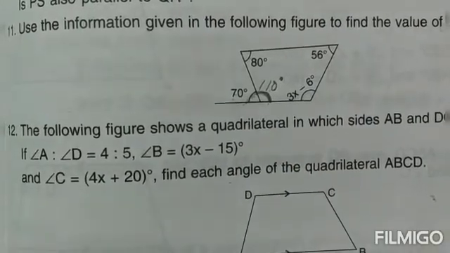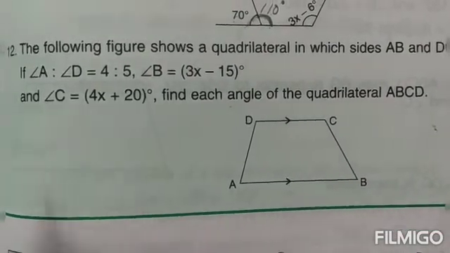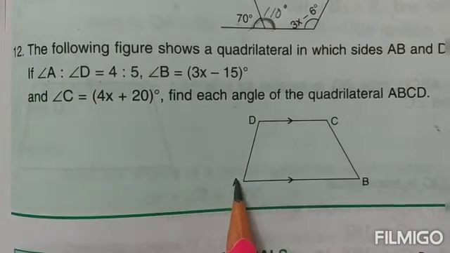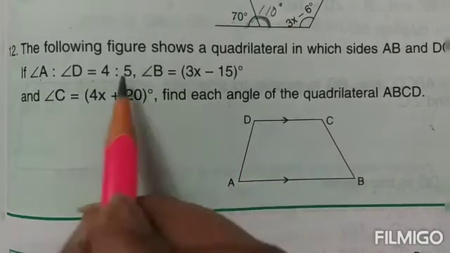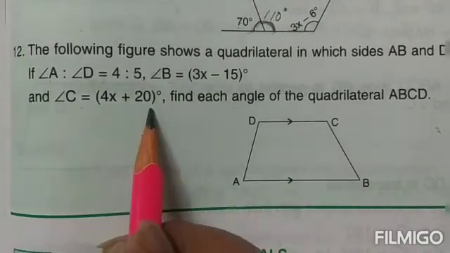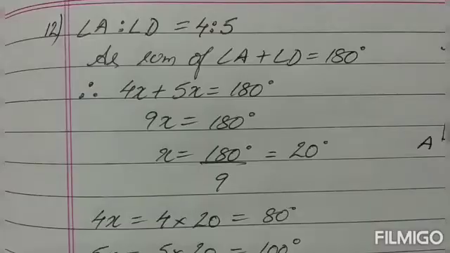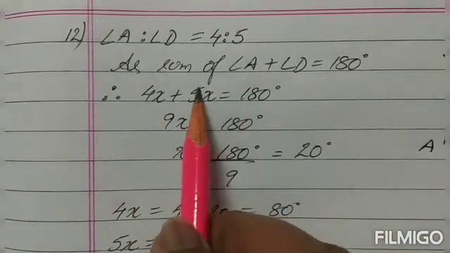Coming to the last question of the exercise, children, here a figure is given and again the ratio of the two opposite angles is given, that is A and D, that is 4:5. Again B and C measurements are given in this form and we have to calculate each angle of the quadrilateral. So let's see the working of this. Here, because the ratio is given, children, we will make use of a variable.